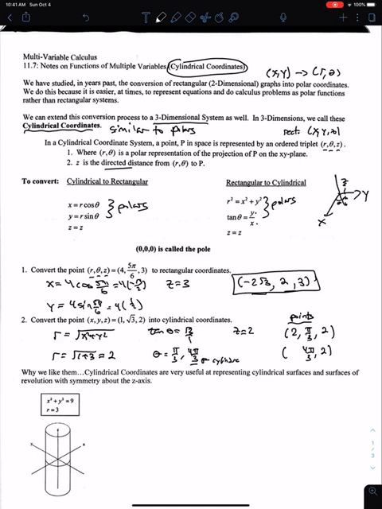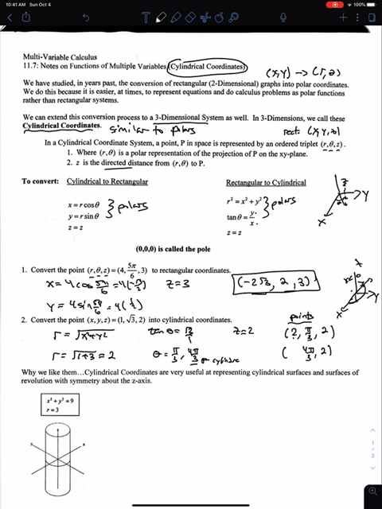But remember, we're looking at the angle here. If we look at our graph, x, y, z, of course, pi over 3 is over here. But when we go to 4 pi over 3, that becomes over here. Notice at this point, x is less than 0.